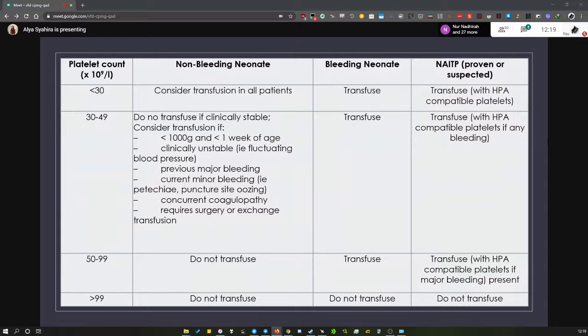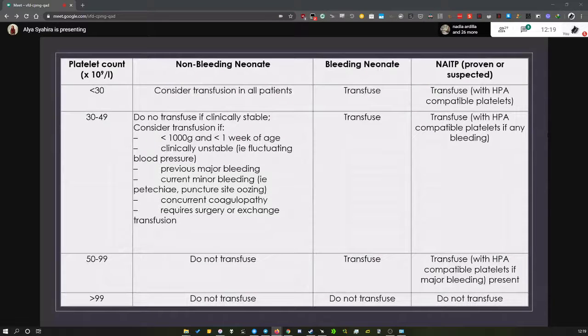So in this case, we need to transfuse the patient. But if it is 50 and above, we don't need to transfuse with platelet. However, for a bleeding neonate, in most cases we need to transfuse unless the platelet count is more than 99.